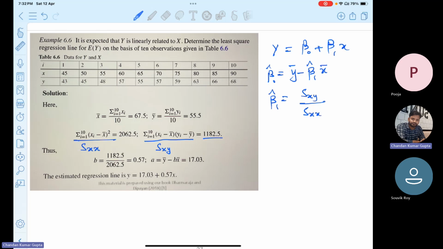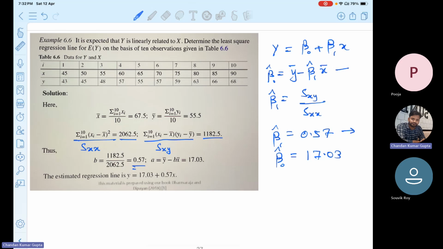We already have the value of this and this, so it is approximately 0.57. So beta 1 cap is 0.57. Now with the help of 0.57 we are able to calculate beta naught cap, which is 17.03.